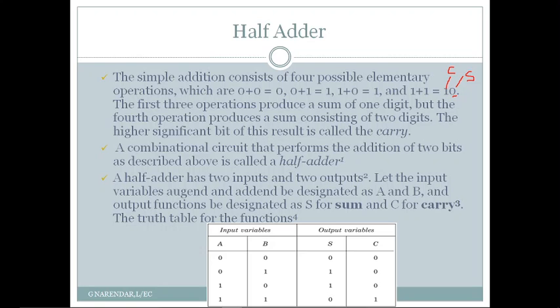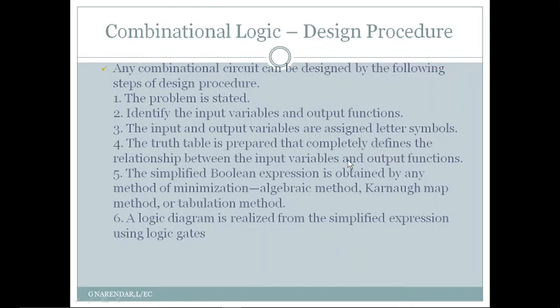One is called the sum bit, another is called the carry bit. So here I mentioned a subscript 1. This refers to the first step, the problem statement. So that is the problem that we specified for that design.